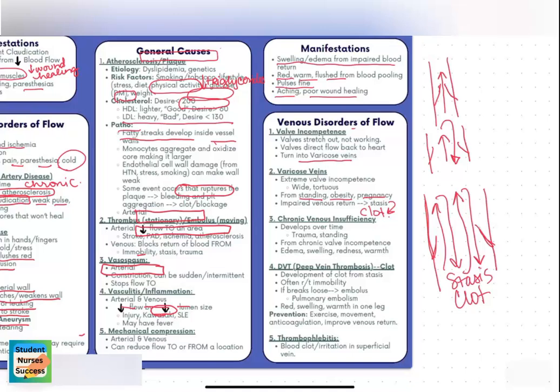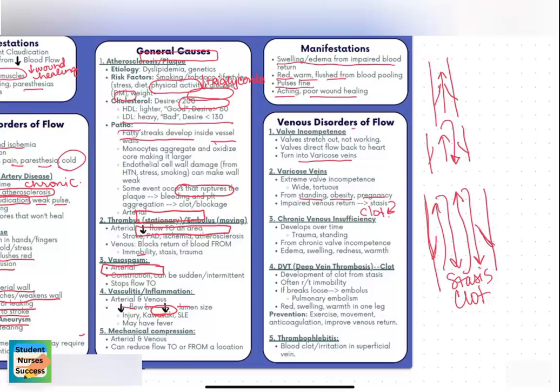Now, chronic venous insufficiency develops over time in individuals who maybe have some occupations where they've stood a lot. Maybe they have a lot of varicose veins. Maybe they have some valve incompetence. In these particular cases, this is just chronic over time. Blood flow back to the heart is just not very good, and blood starts to kind of collect in those legs.